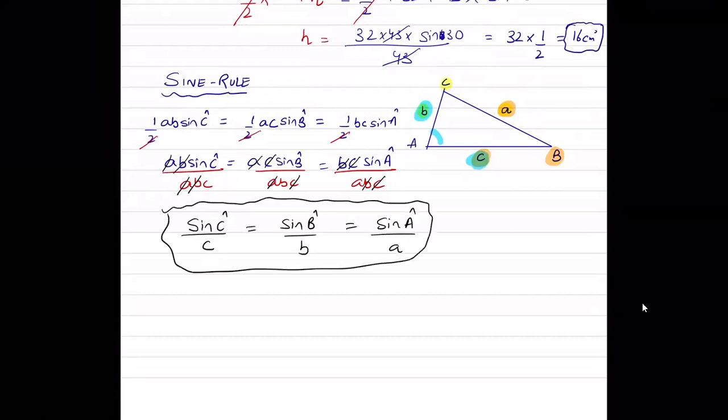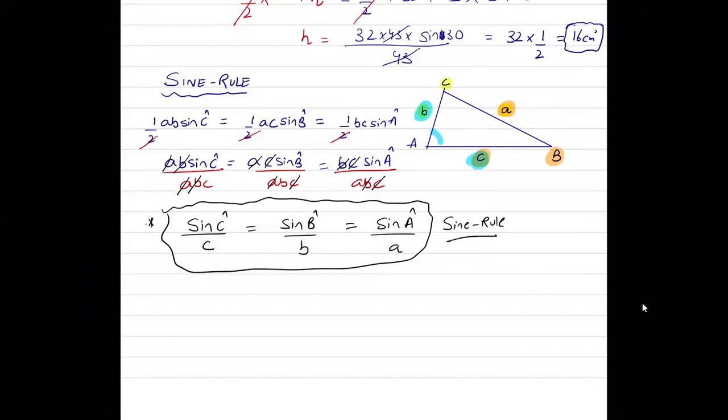In the sine rule, the ratio of the sine of an angle to the opposite side is equal to the ratio of the sine of the other angle to its opposite side. For example, sine of angle C upon C is equal to sine of angle B upon B, which is equal to sine of angle A upon A. This rule is known as the sine rule.